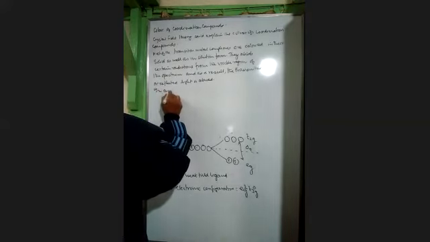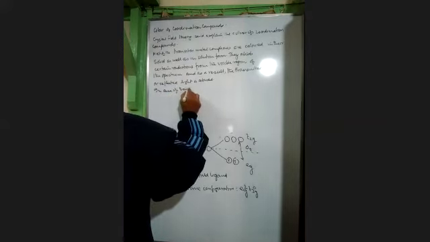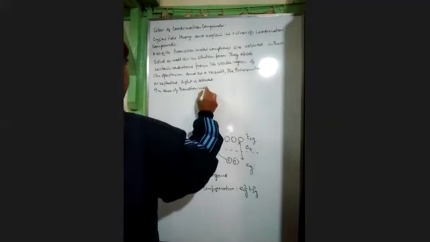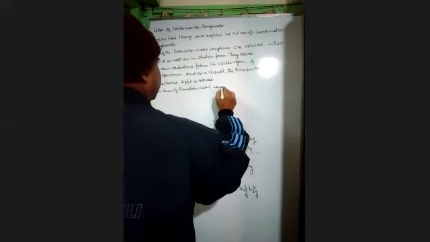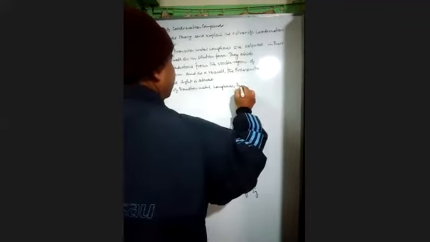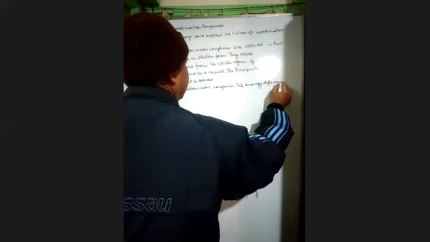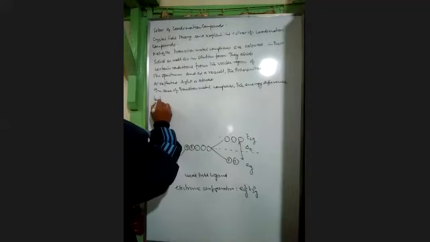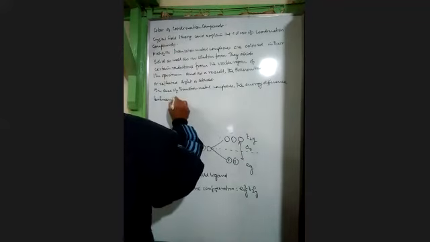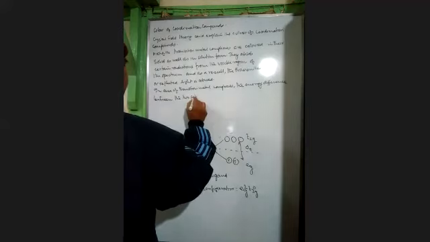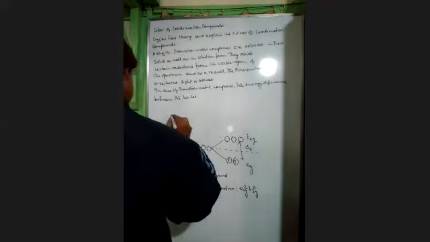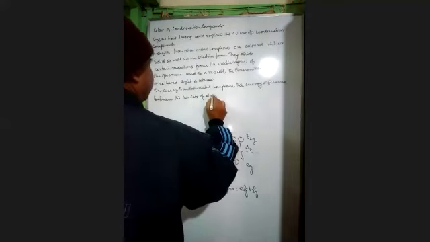In case of transition metal complexes, the energy difference between the two sets of d orbitals.